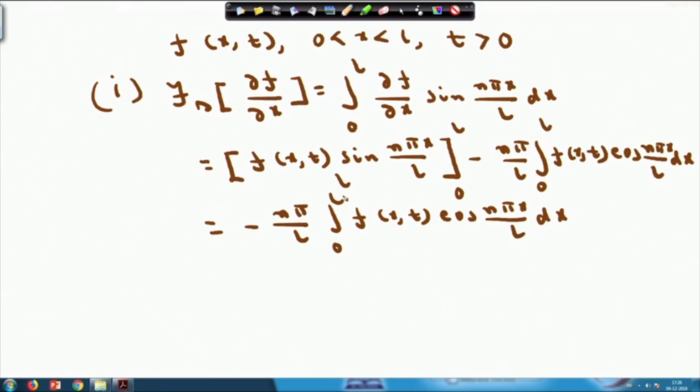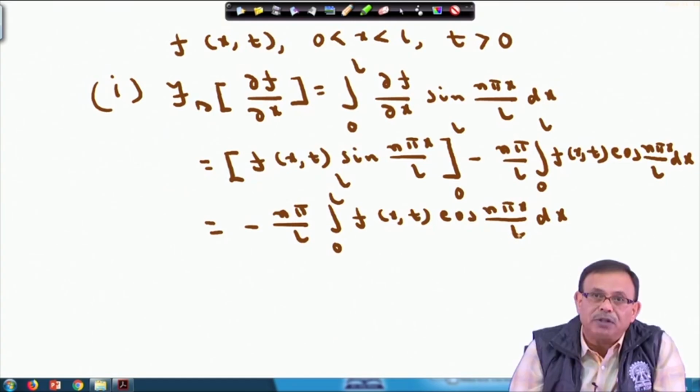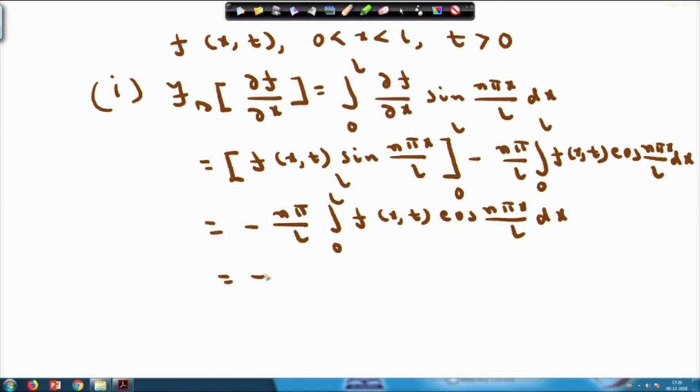Whenever you write the integral from 0 to L of f of x t into cos n pi x by L dx, this is nothing but the finite Fourier cosine transform of f x t. So, you can write this as minus n pi by L into the finite Fourier cosine transform of f of x t.